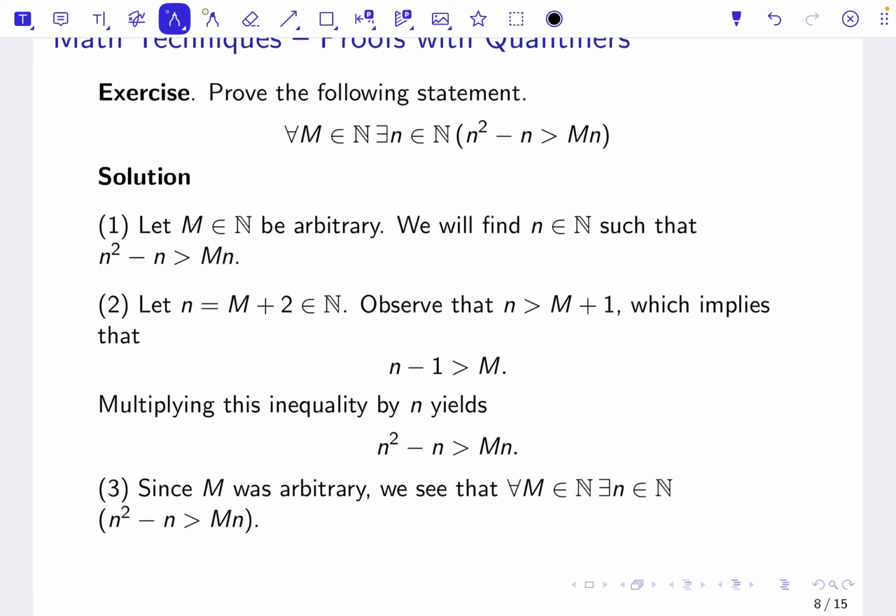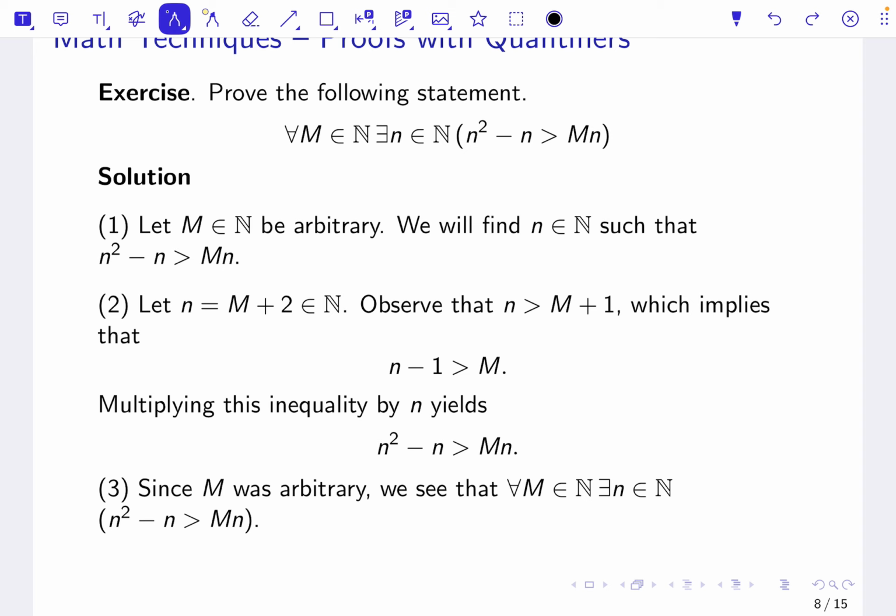Well, these proofs tend to involve a lot of behind-the-scenes work to figure out what values you're just going to pull out of your hat. And to find what values you want to use, you sort of have to reverse engineer the inequality that you're working with.